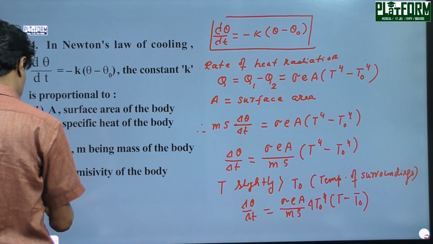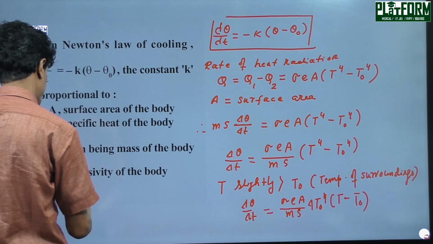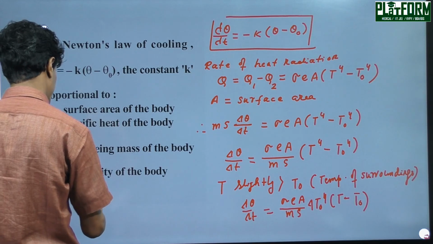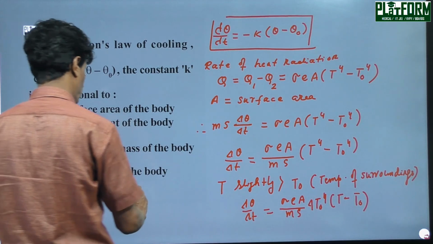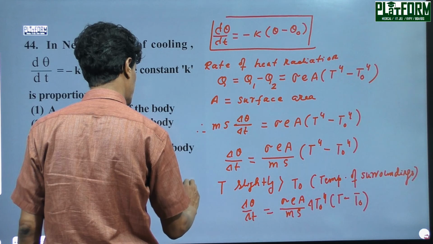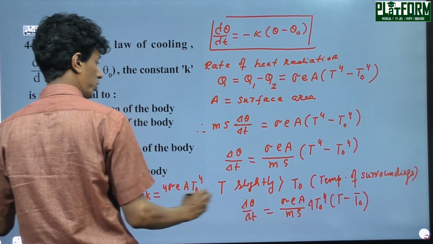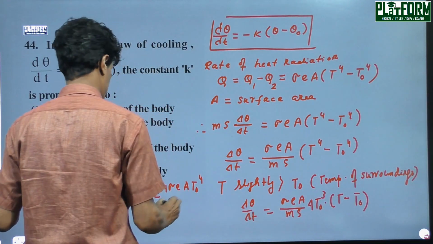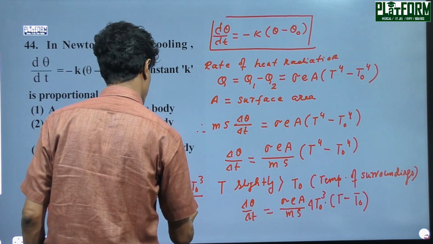So the rate of cooling is equal to K into T minus T naught, and the value of K becomes 4 sigma E A T naught to the power 3 by M S.